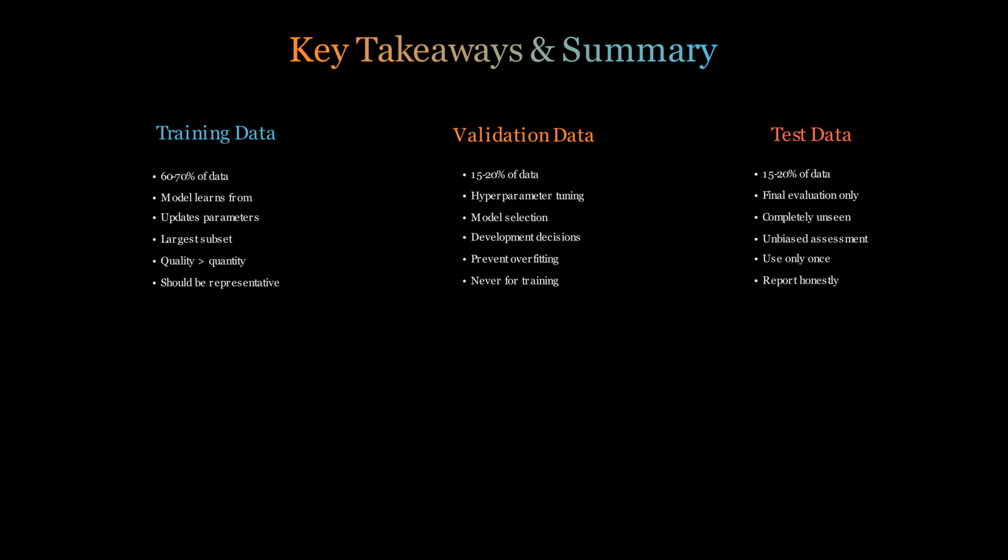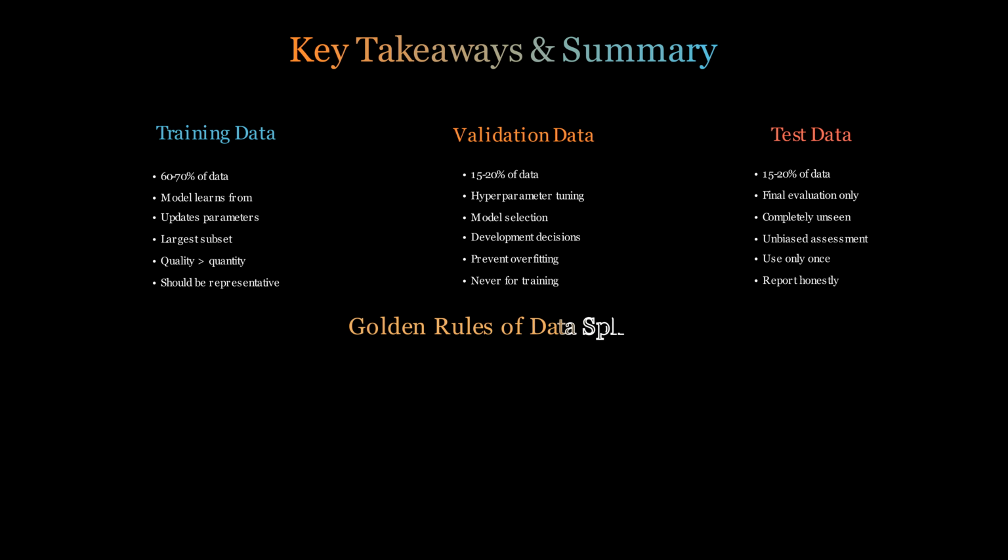Quality matters more than quantity. Validation data, 15 to 20% of your data, guides hyperparameter tuning and model selection without being used for training. Test data, also 15 to 20%, provides final, unbiased evaluation and should be used exactly once.